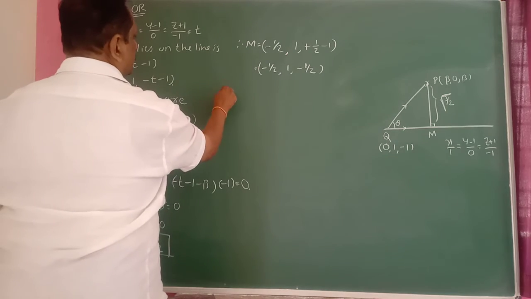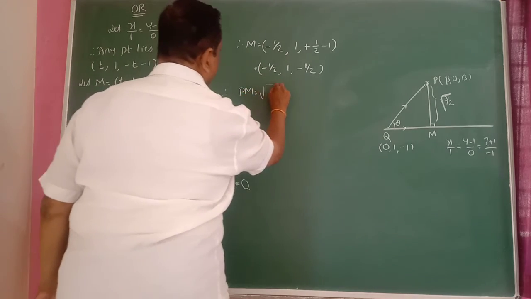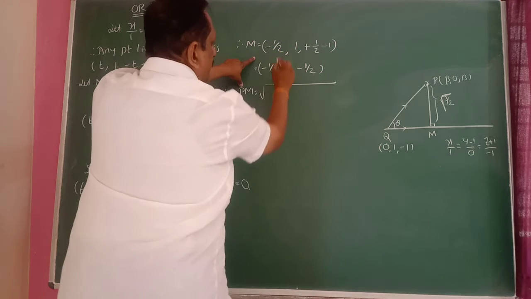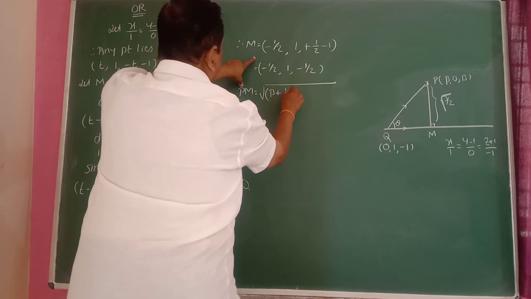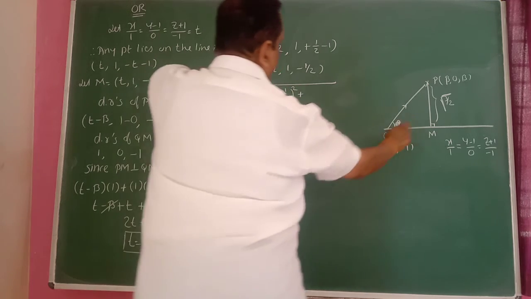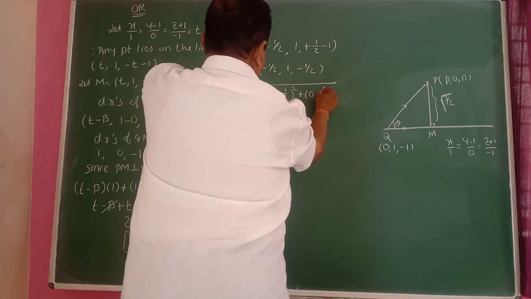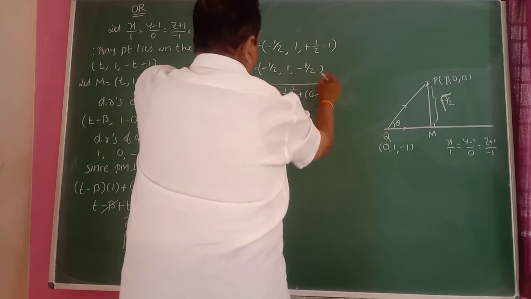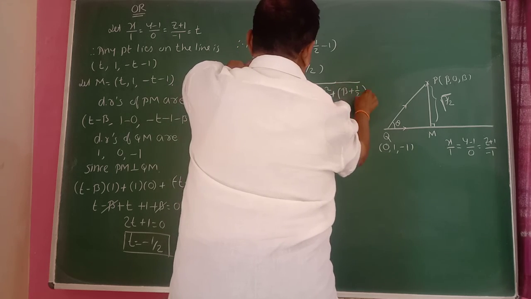Therefore, use the distance formula. PM is equal to root of (beta plus 1 by 2) square, plus (0 minus 1) whole square, plus (beta plus 1 by 2) square.